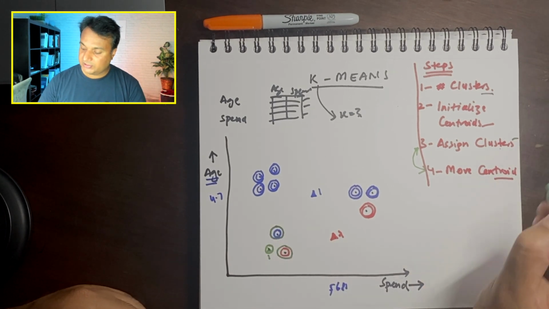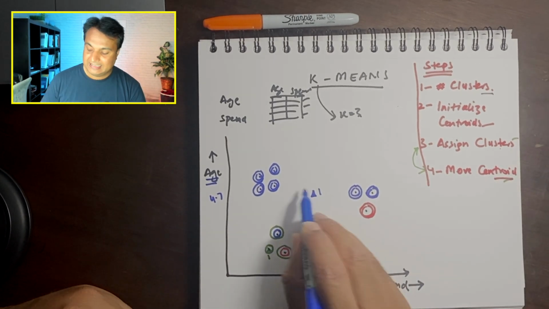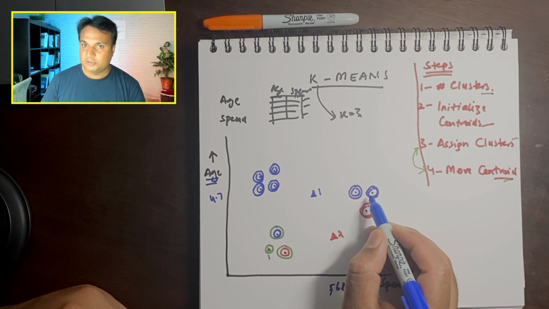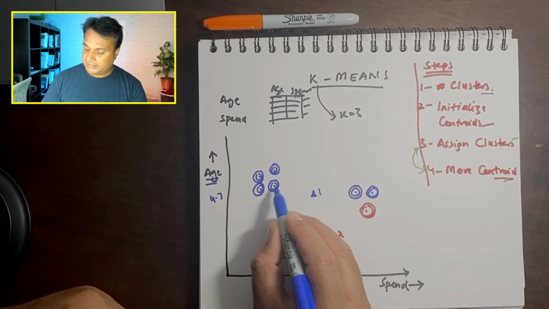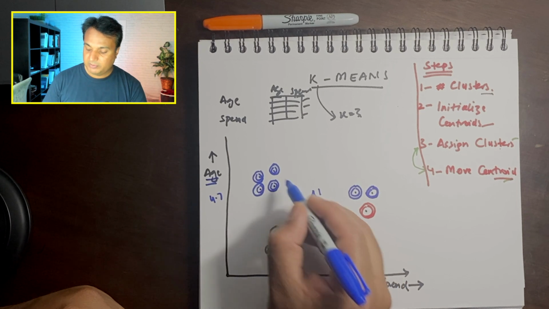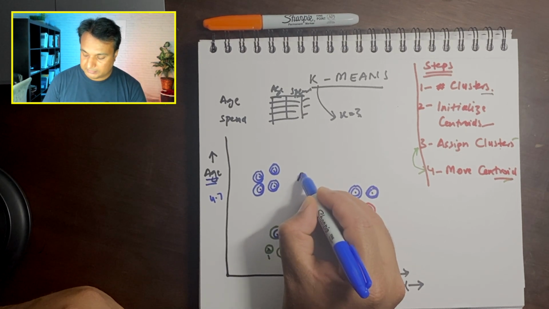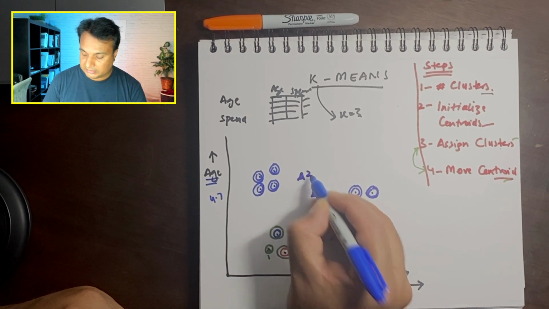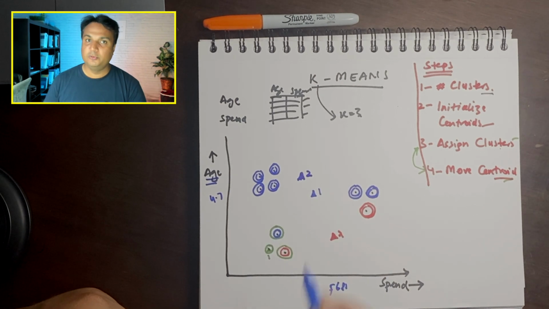Okay, so we assign the clusters, and we again move the centroids. These 6 points we have for the blue cluster, and since there are more blue points here, this centroid will be pushed somewhere here, near them. Let's say this is the second assignment of the blue cluster.